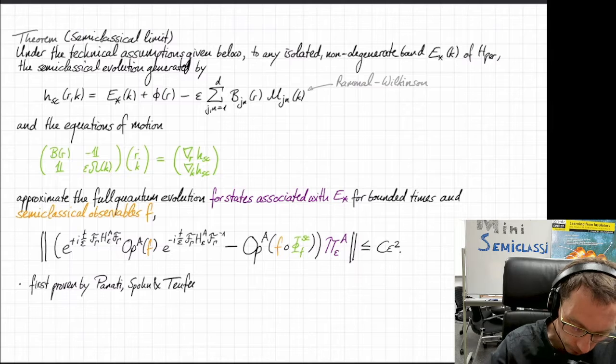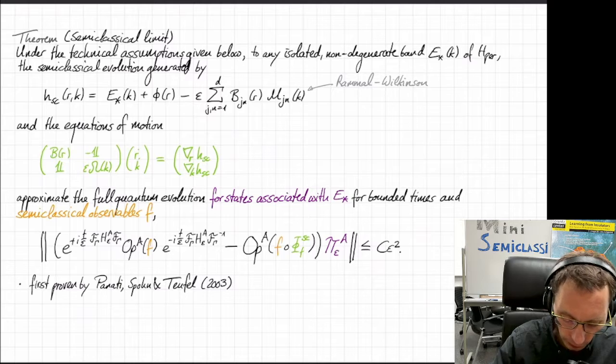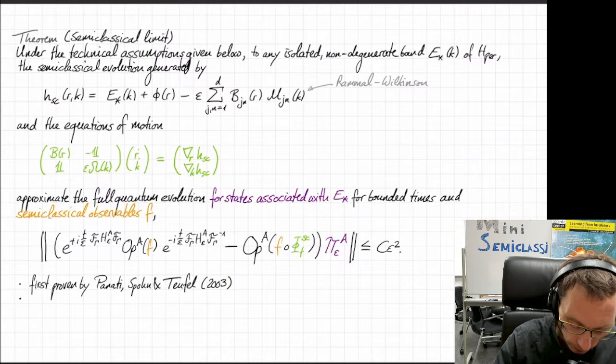But there have been improvements to this initial paper. So there's already an improved exposition in Stefan Teufel's book that came out roughly at the same time.